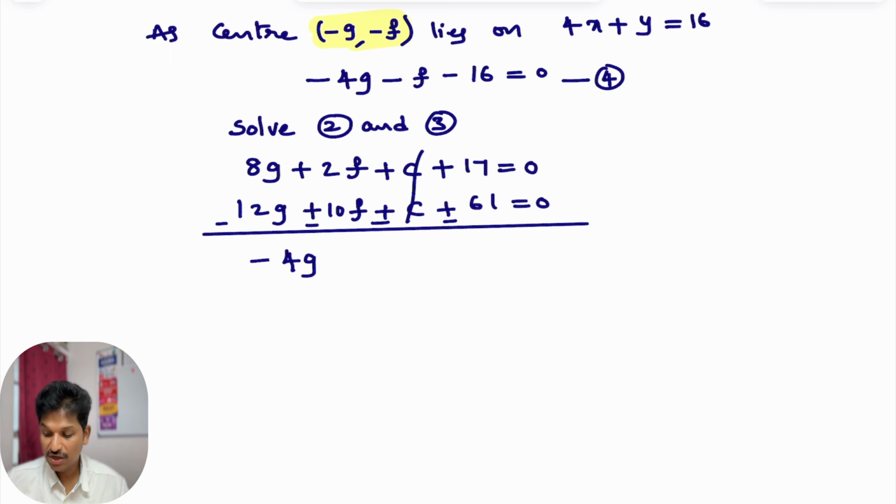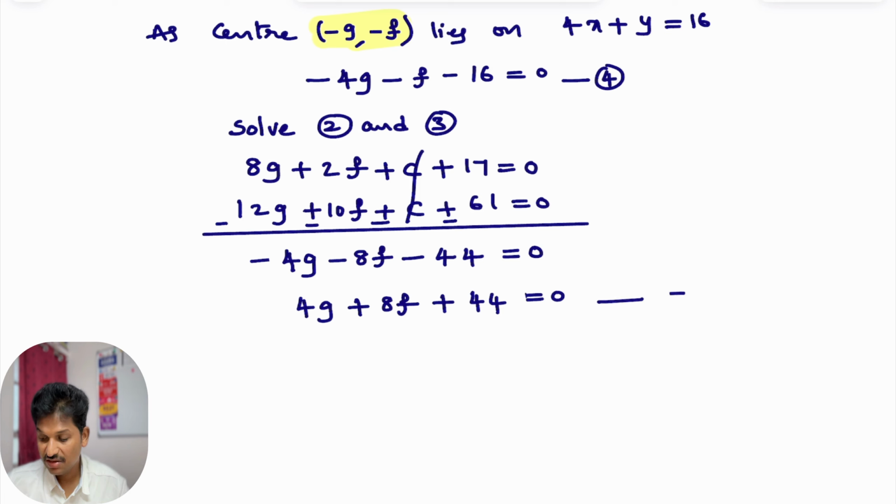Okay. 2F minus 10F, that is minus 8F. Okay. Plus 17 minus 61 is minus 44 equal to 0. Now you take minus common, take that minus to the right hand side. I can take 4 also common, but purposefully I am not taking 4 common. You name this as equation number 5.